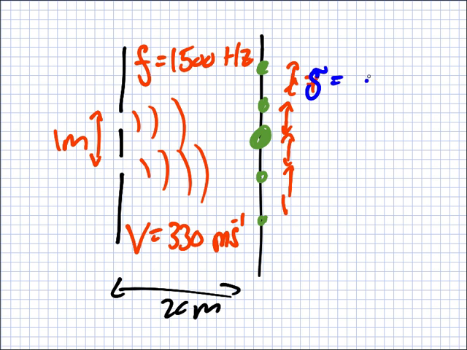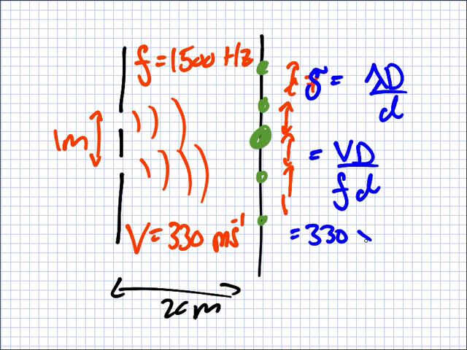So S equals lambda D over d. Lambda equals V over F. So 330 times 20 over 1500 times 1.